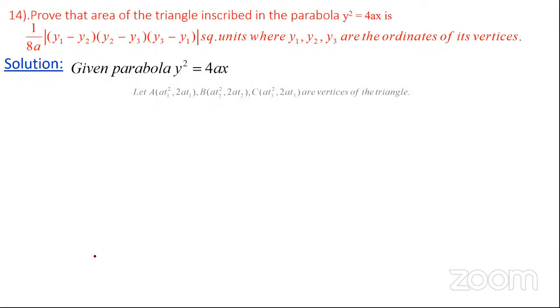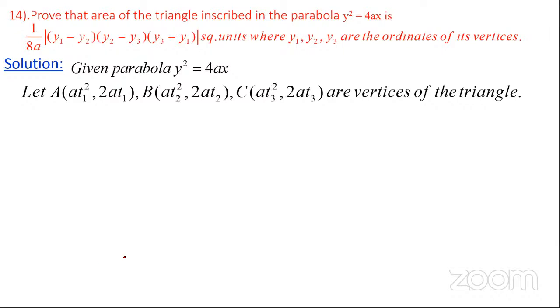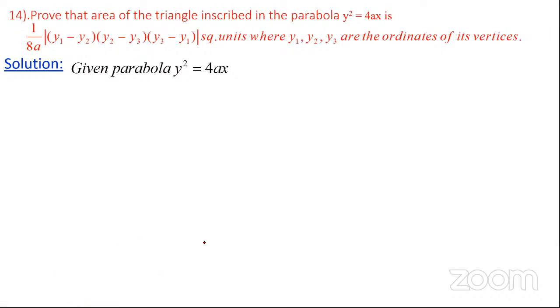For this one, first, what is he asking in the question? A triangle inscribed in the parabola, I'm taking it like this. Then we have to find the area of this triangle.